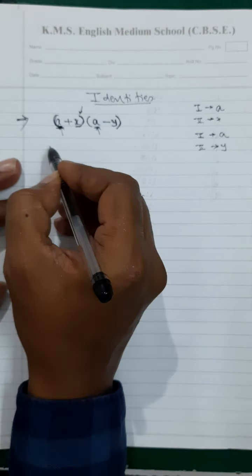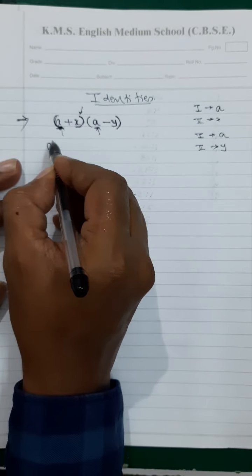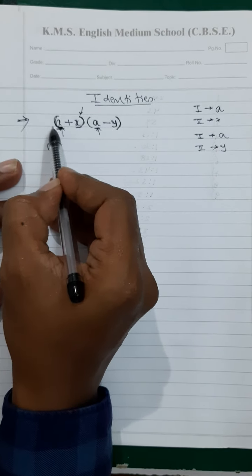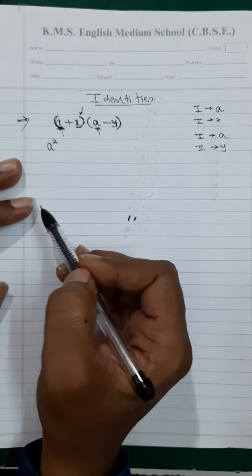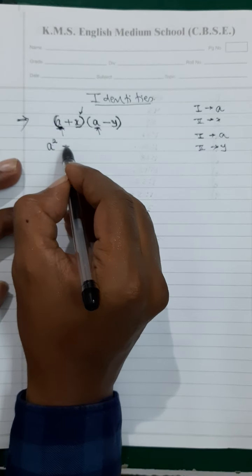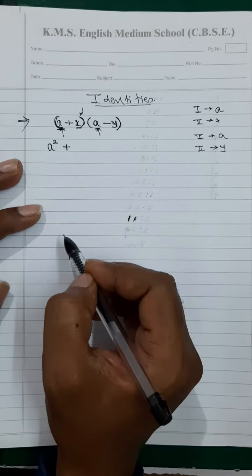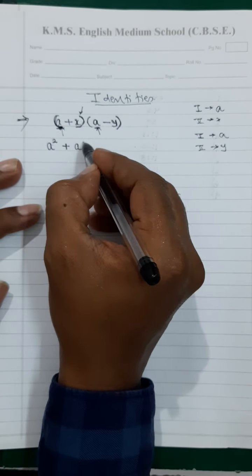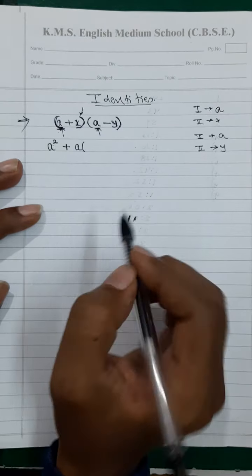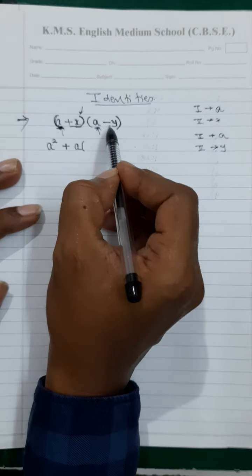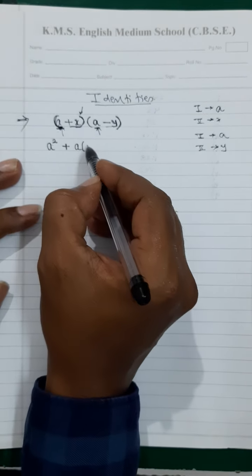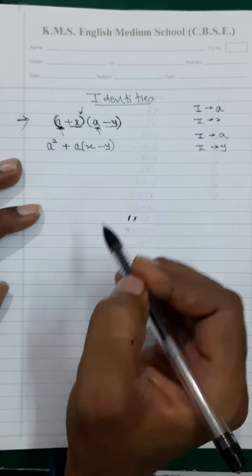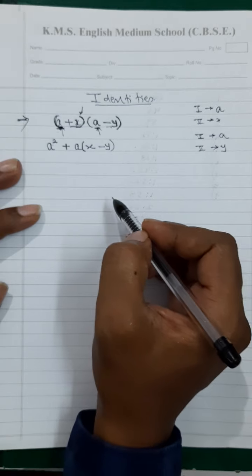What is the identity? Square of the first term. Whatever is the first term, find the square of the first term plus first term, again only first term, bracket open. Second terms you have to write with their signs: plus x, minus y, bracket close. Fine.